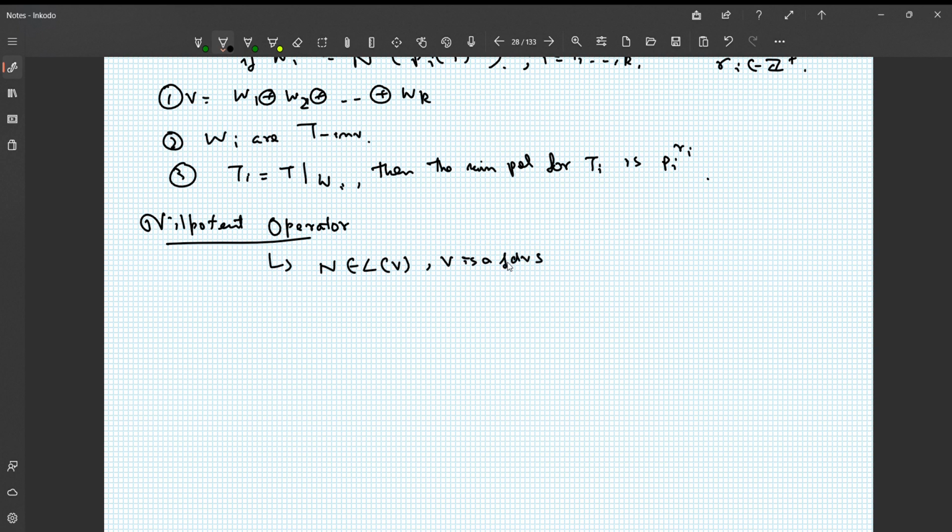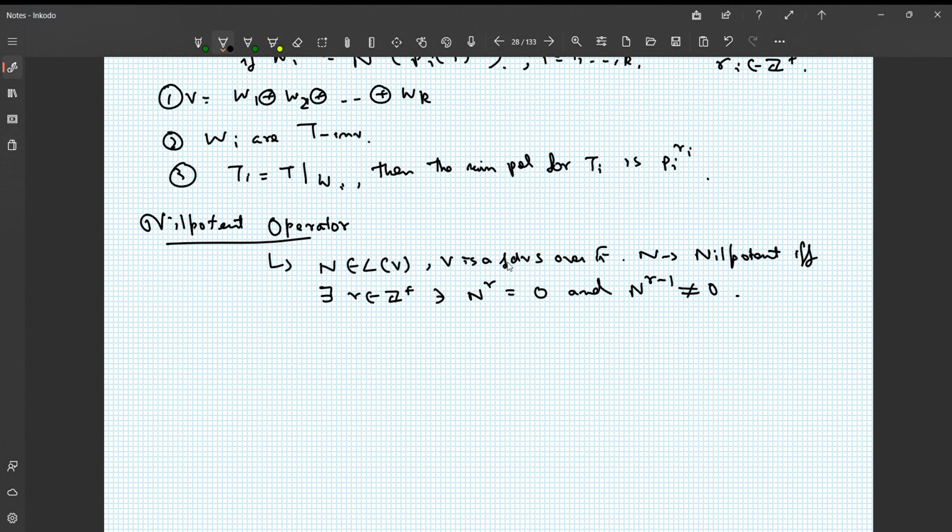V is a finite dimensional vector space over a field F. Then N is said to be nilpotent if and only if there exists a positive integer r such that N to the power r is a zero operator and N to the power r minus 1 is not a zero operator. So this is the basic definition of a nilpotent operator.